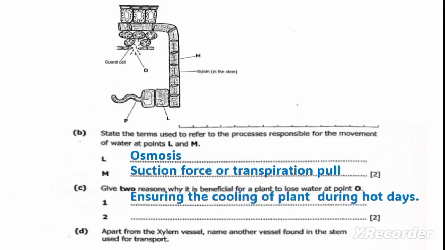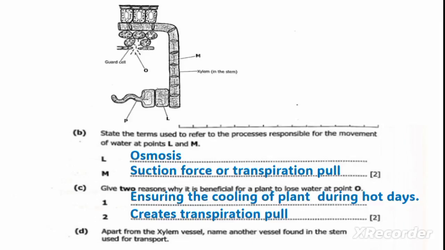So therefore we are going to say ensuring the cooling of plants during hot days. We are also going to say create transpiration pull or suction force. Suction force is the process or the pull that helps water to be pulled up the plant to the leaves.